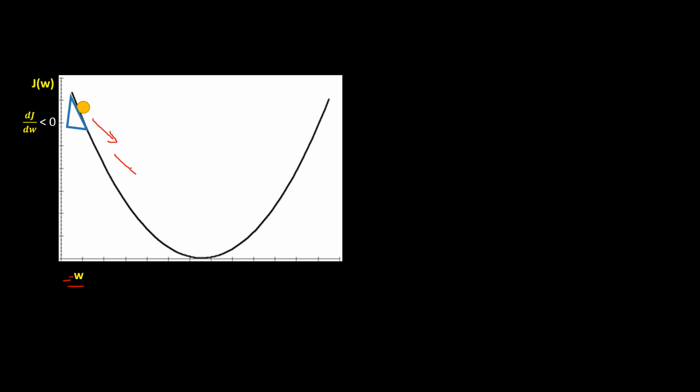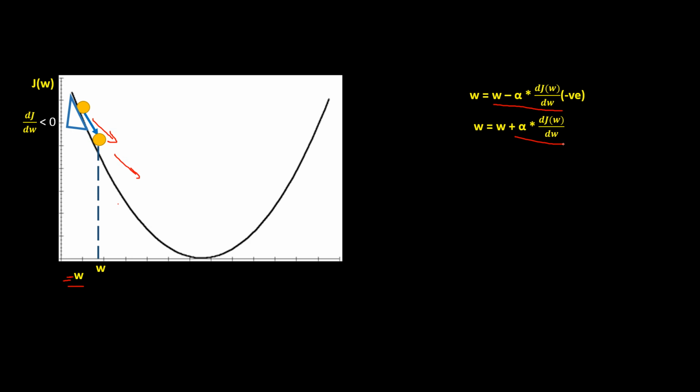The algorithm inherently considers that, because this is negative and we have to move towards the positive side. The formula doesn't change, it stays the same: w minus alpha into gradient. But since this gradient is negative, internally the minus becomes plus, and the new value of w will be greater than the old value of w because of the addition of this term.